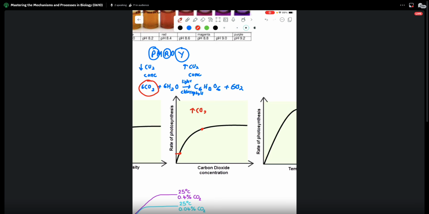When there's high CO2, the pH will drop. This is the same concept as in our lungs. When there's too much CO2 in our blood, the pH drops. We do not want our body to become acidic, because the moment it becomes acidic, we can have problems. So it's the same thing for plants.